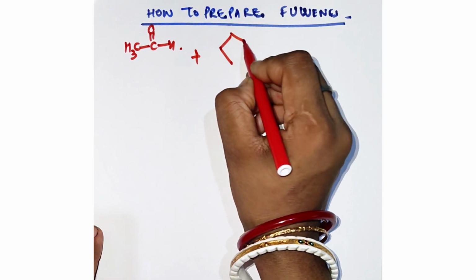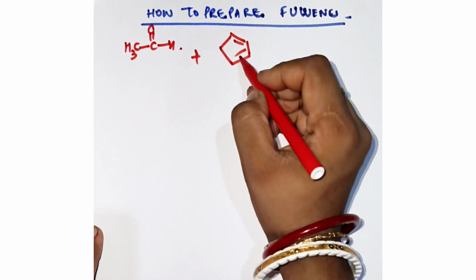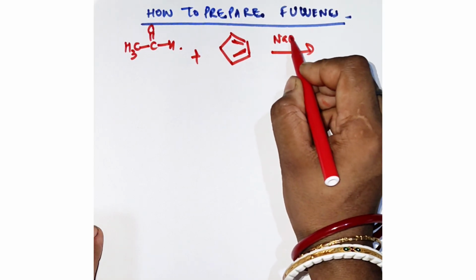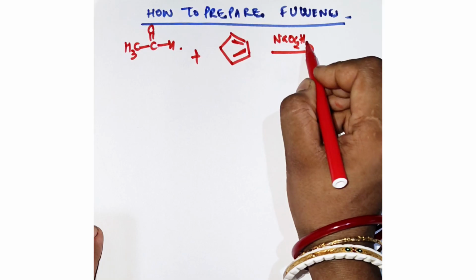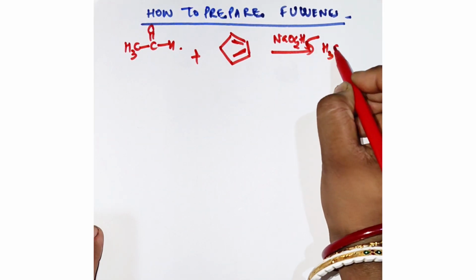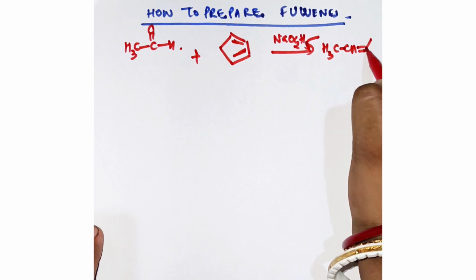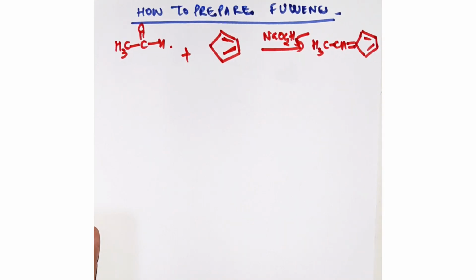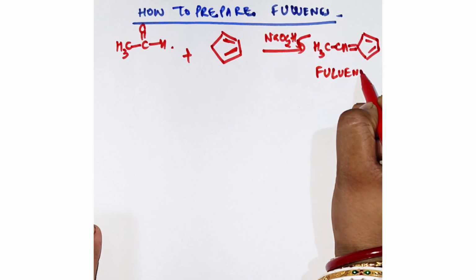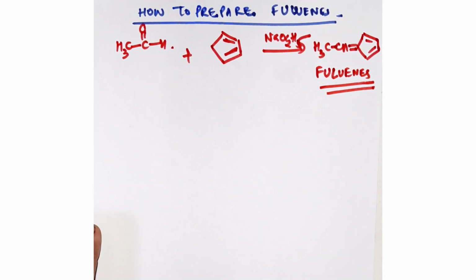It is reacted with this heterocyclic compound, and then in the presence of NaOC2H5. So this is the base used out here. Okay, CH3CH double bond. This is formed as your product. Okay, so this is your fulvene. Okay, how to prepare this?